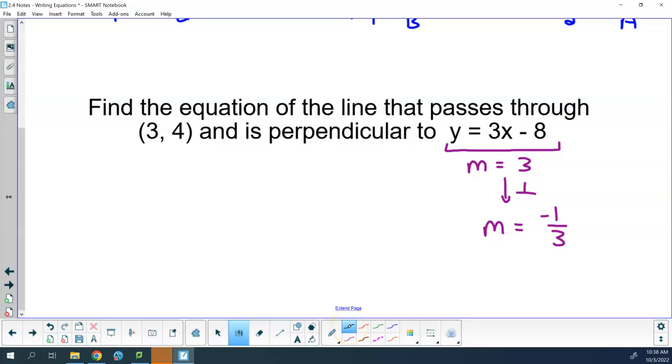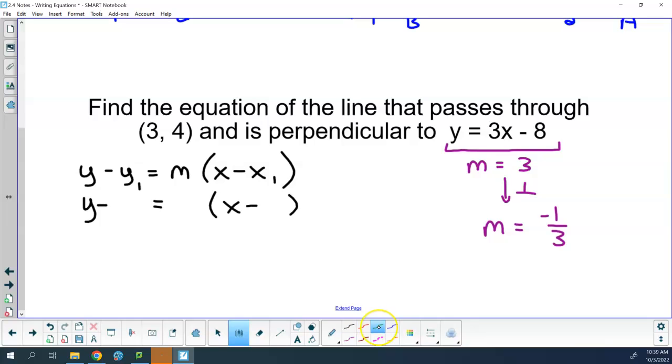Now I can use the point slope form. So this would be y minus 4 equals negative 1/3 times x minus 3.